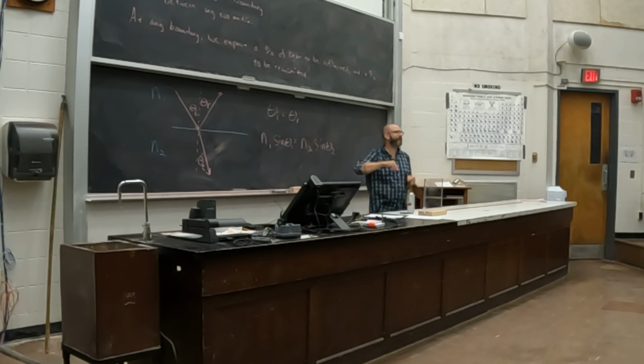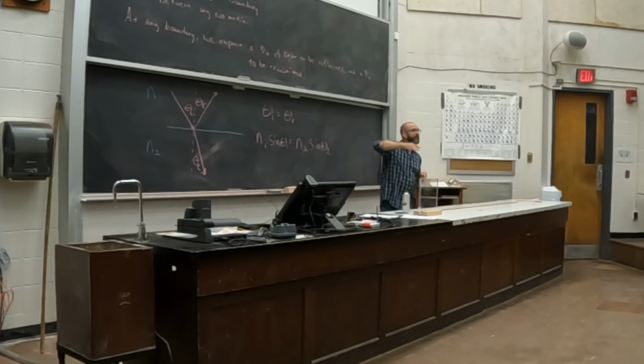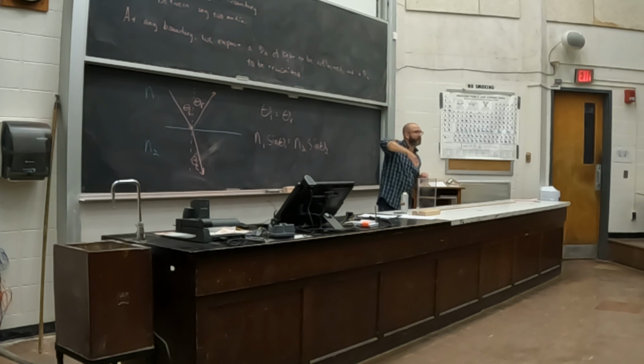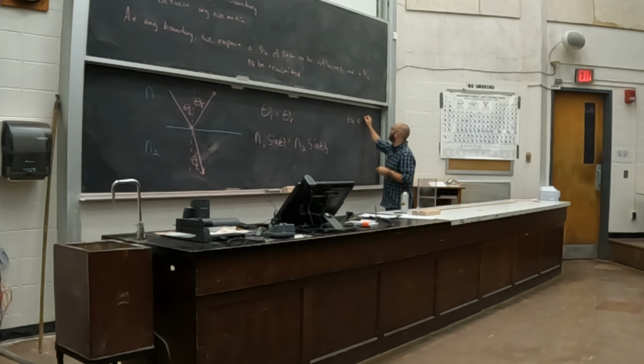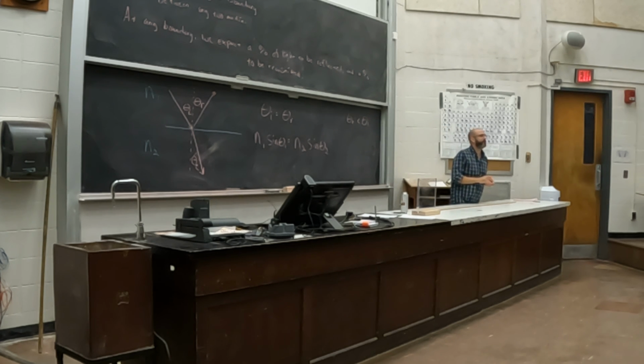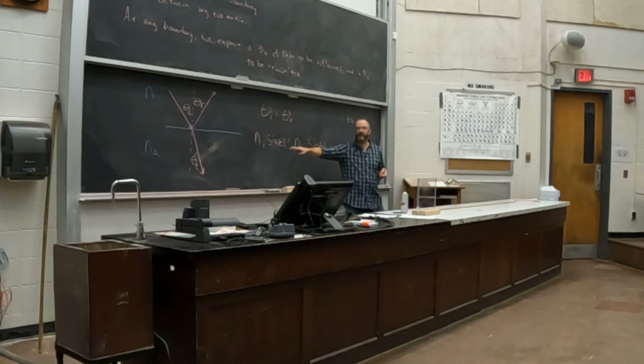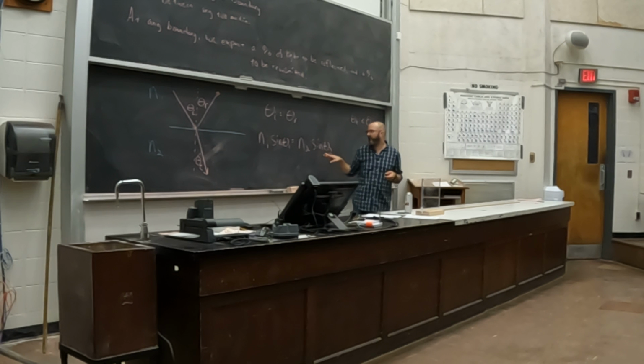We saw in this particular case that the light bent towards the normal. In this case, I'll write this down. This is not a general result, but in this case, theta transmitted is less than theta incident. Do we all agree that that's the case? Since I've already given you the subscripts, we'll call this the incident side and this the transmitted side.